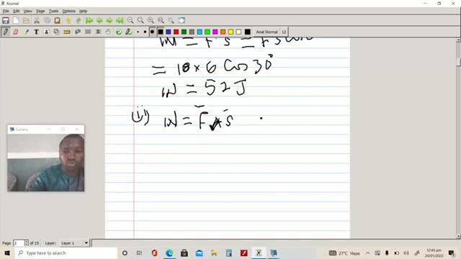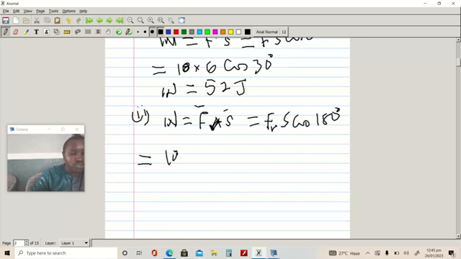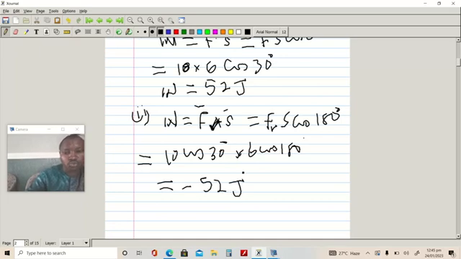And this is equal to the frictional force multiplied by the distance cos 180, because we are dealing at a plane here. So it's going to be equal to 10 cos 30 degrees, because that's your F, your frictional force, then multiply by 6, then cos 180 degrees. So this is going to be minus 52 joule.